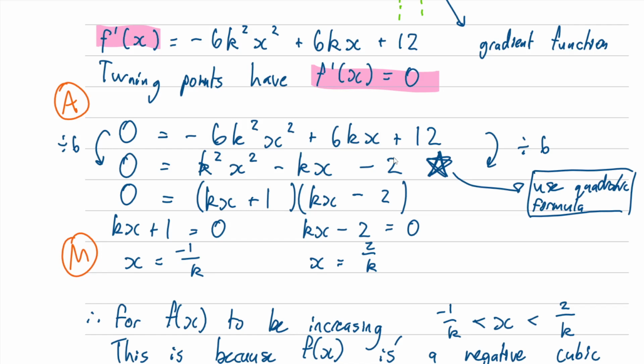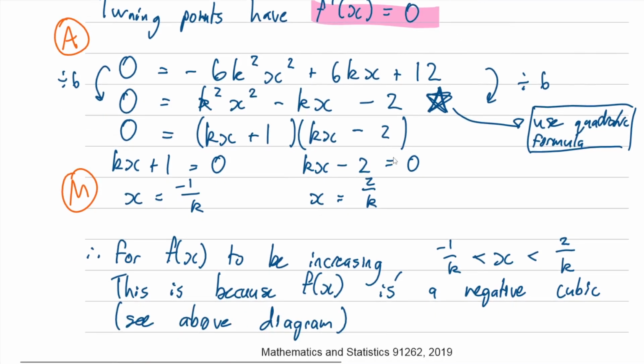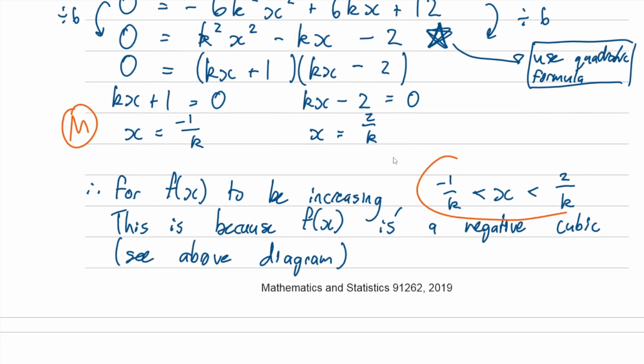So to find x equals -1 on k, or x equals 2 on k. And then finally, we stated the range of values for which the function is increasing, and we gave a justification. In this case, it was easy enough to justify it based off of the shape of f of x.